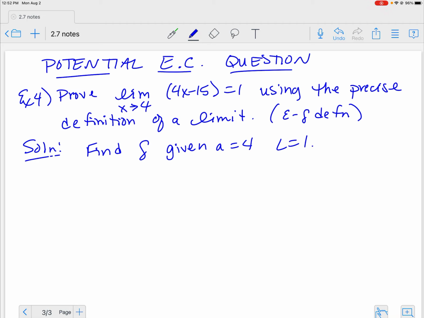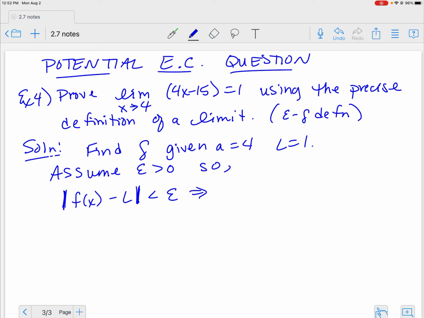So before we looked at our graph of our functions, right? And we found our delta based off of that. Now we have to get our epsilon. We are going to assume that epsilon is greater than 0.